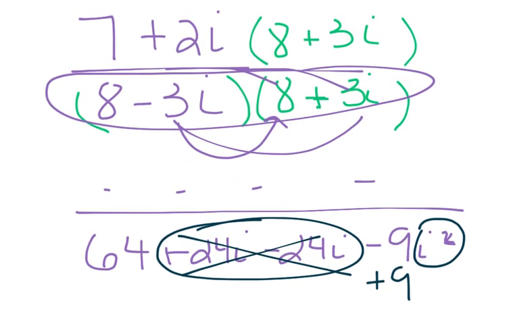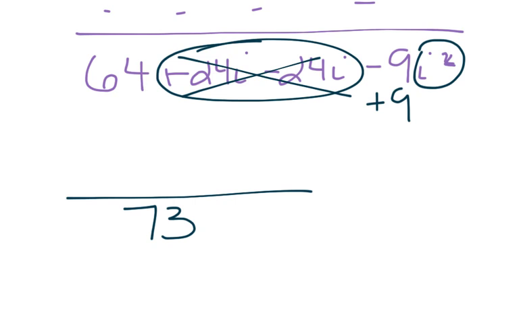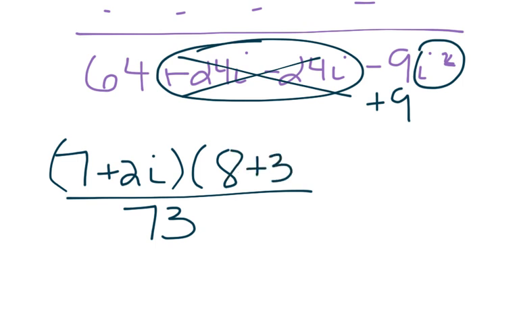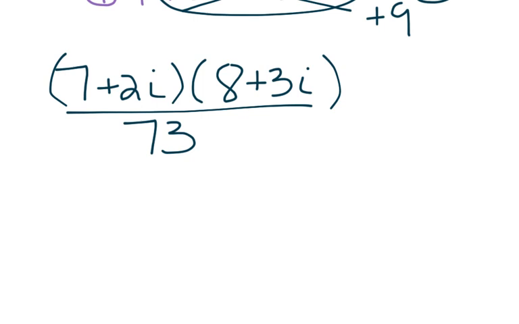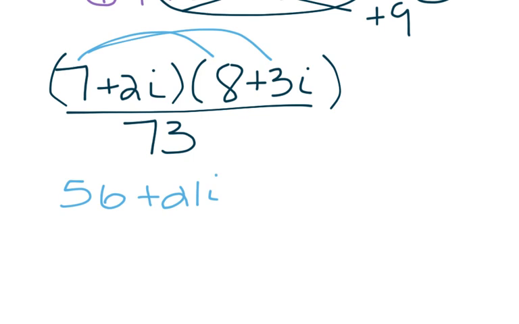Now if I go back to my top here, I had 7 plus 2i times 8 plus 3i. Alright, so if I FOIL the top out, it's going to give me 56, 21i, and then going bottom, this is going to be 16i and 6i squared.